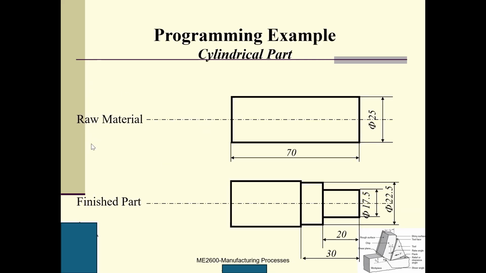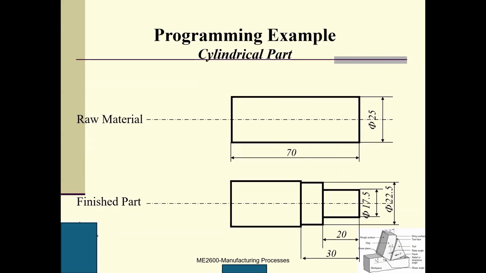So this is my raw material. This is a very simple problem. It is 70 millimeters long, and the diameter is 25. And my final product is this, with several steps.